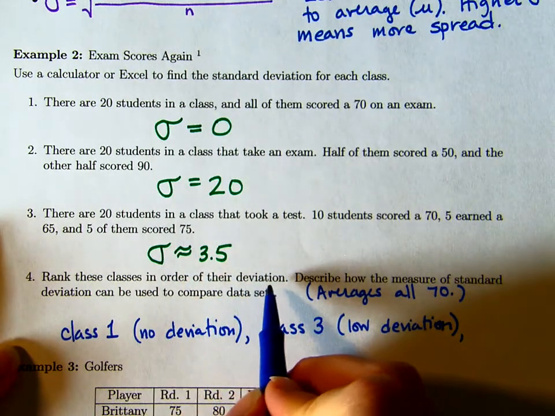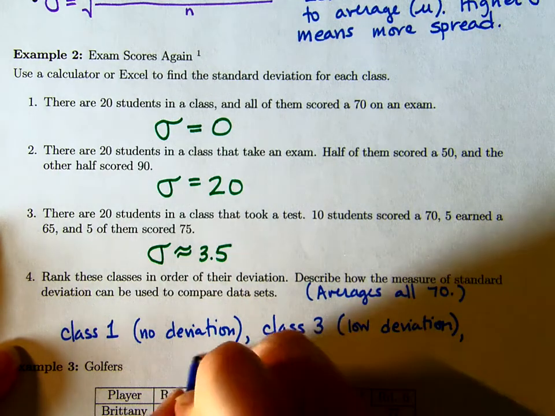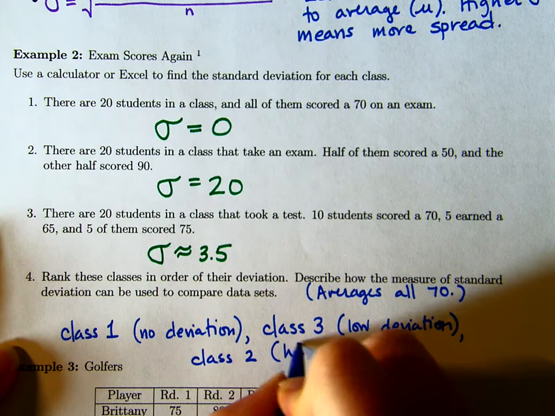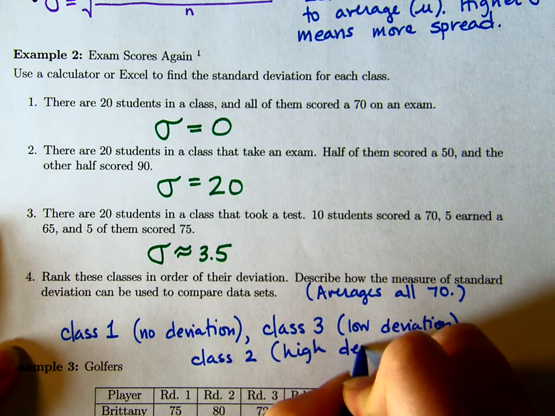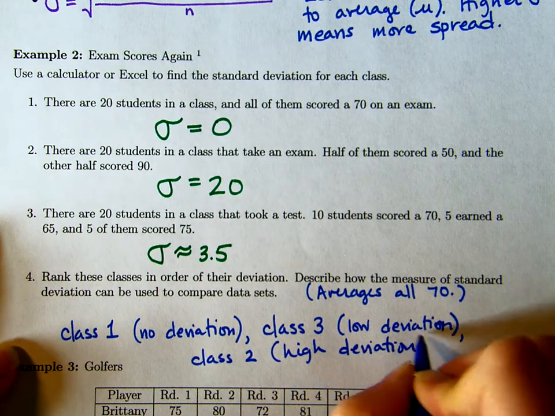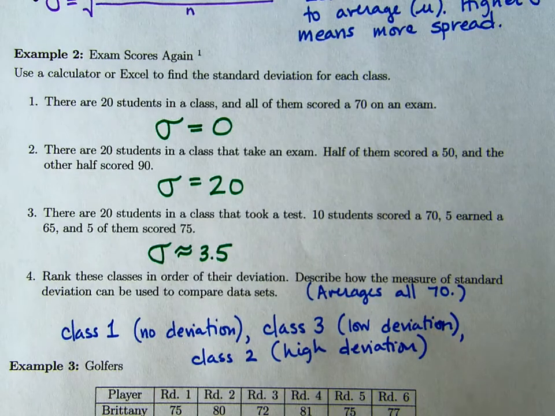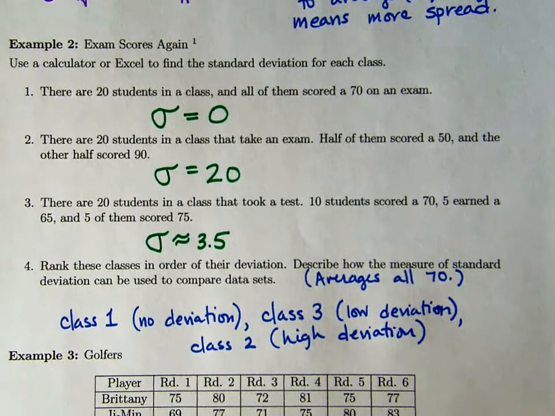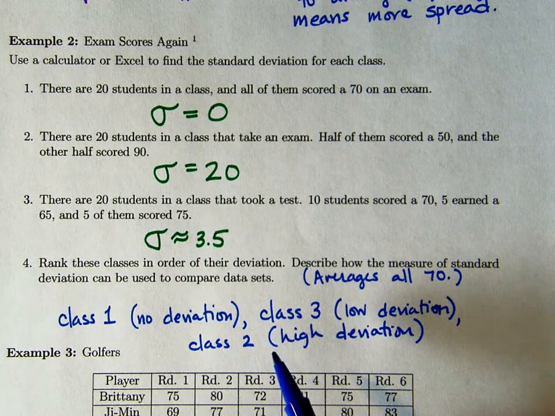And then, ordering them by deviation, class number 2, high deviation. Those scores were a lot different than the class average. 50 is a lot different than a 70, and a 90 is a lot different than a 70. So how would we use these to compare the data sets?